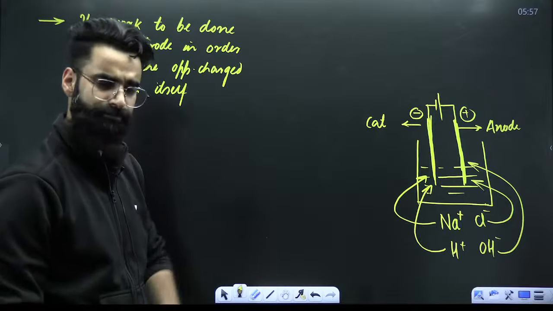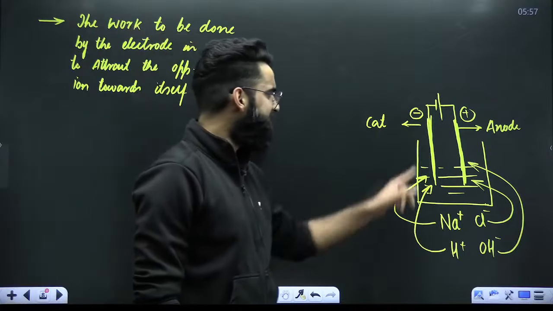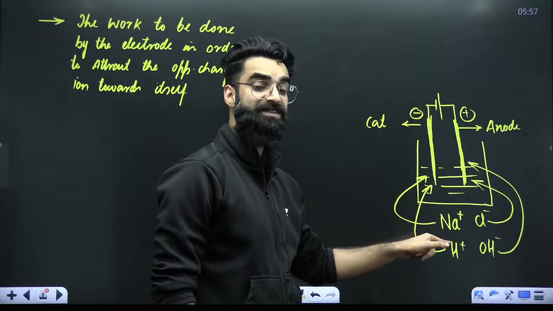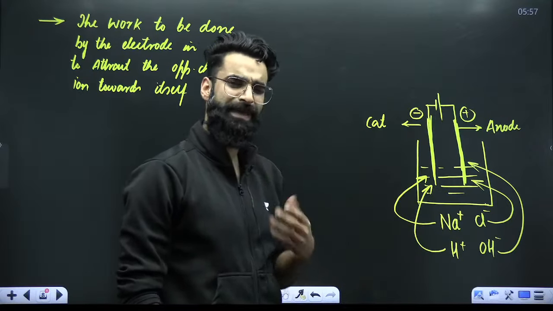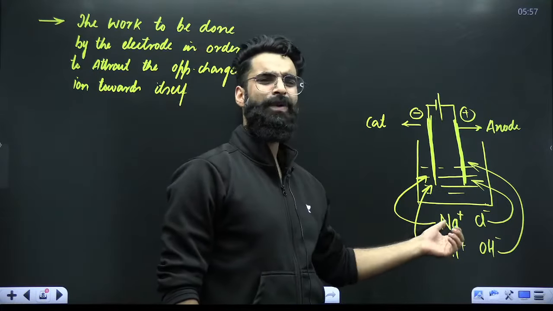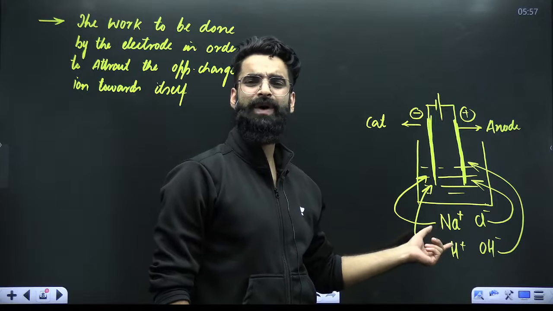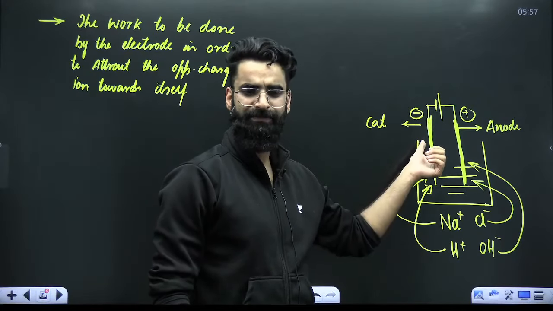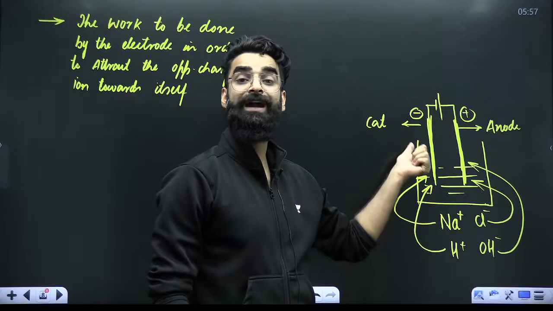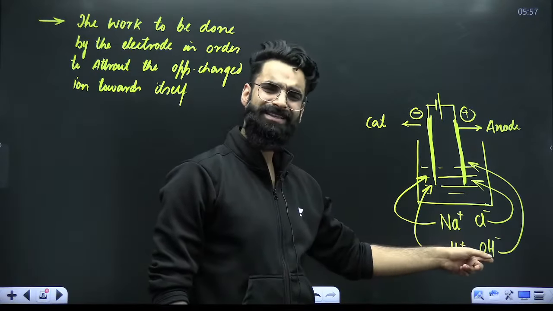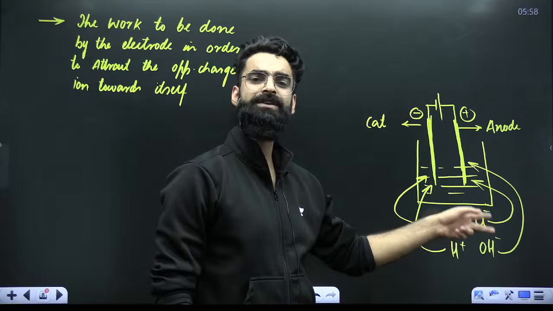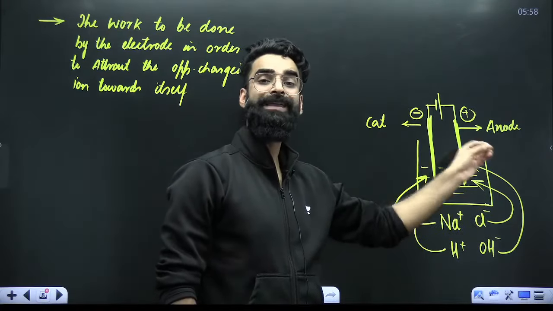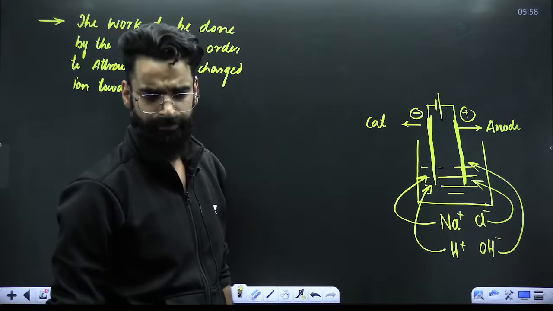Since the negatively charged rod is attracting Na positive as well as H positive, both would want to undergo reduction at the cathode. Similarly, Cl negative as well as OH negative, both the anions would want to go to the anode and get oxidized at the anode, right?